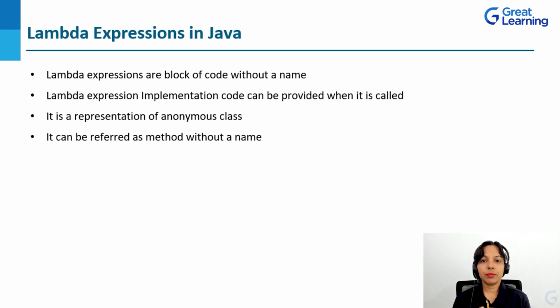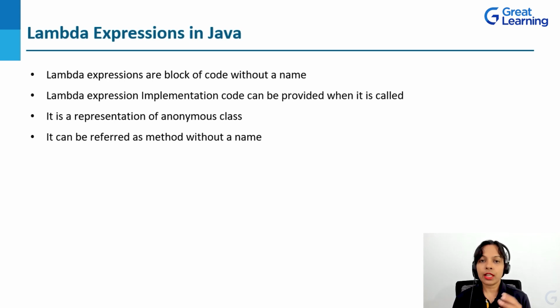Lambda expression implementation code can be provided wherever it is made use of. Suppose you have to make use of a program that reverses the characters of a string. Normally, we write a method in Java with the code for reversing the characters of a string, and then wherever it is required, we call that particular method. This is how we work in Java programming, right?